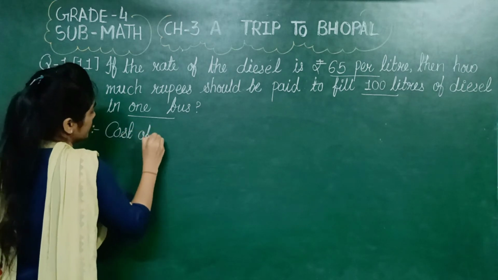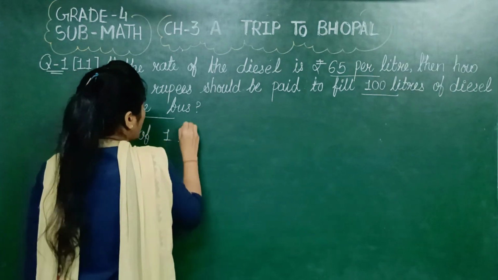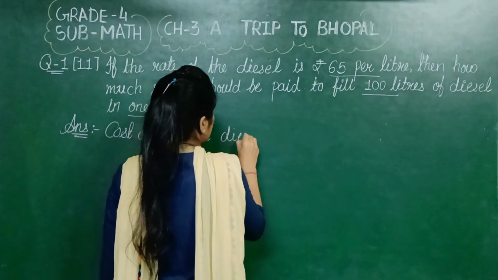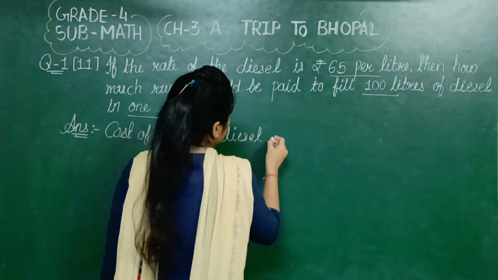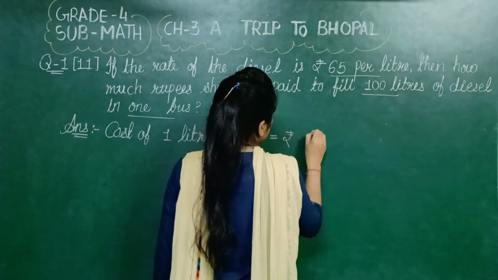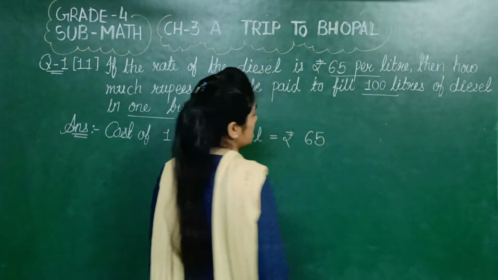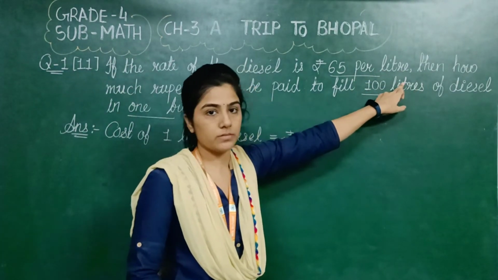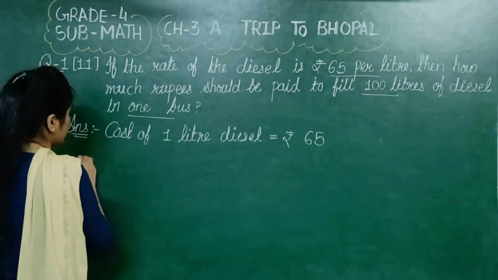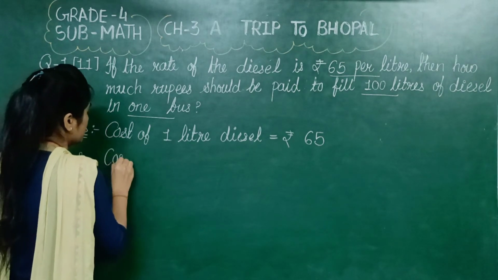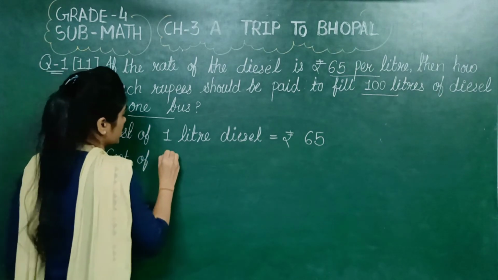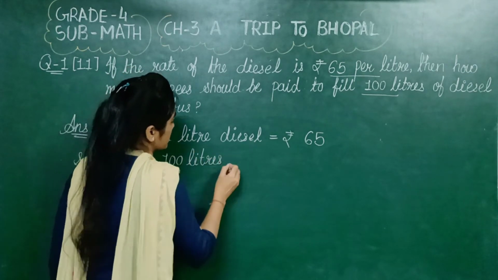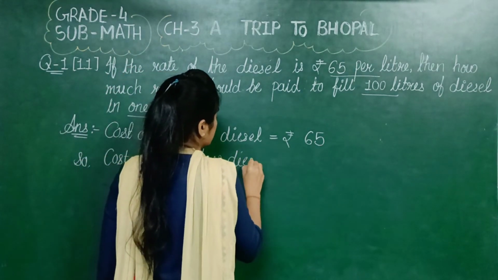Cost of 1 liter diesel is rupees 65, and we need to find the cost of 100 liters diesel.